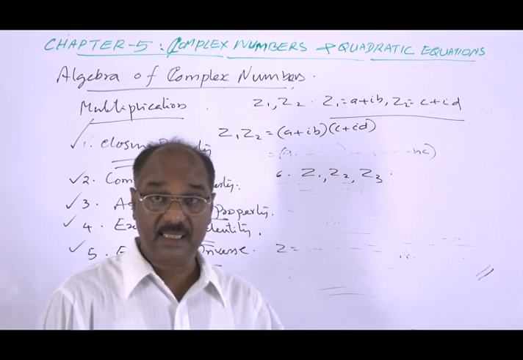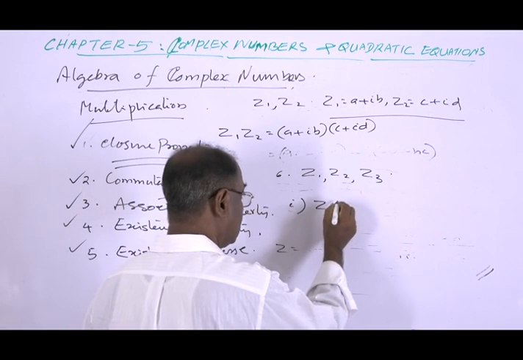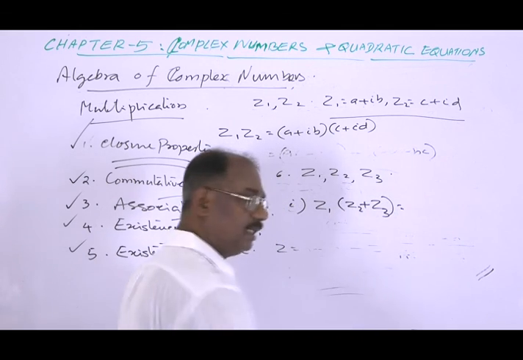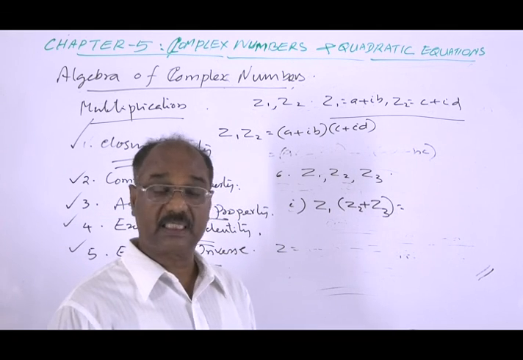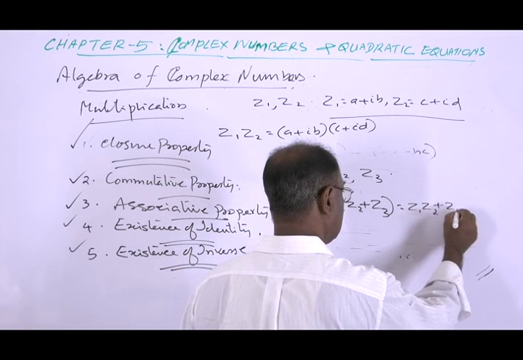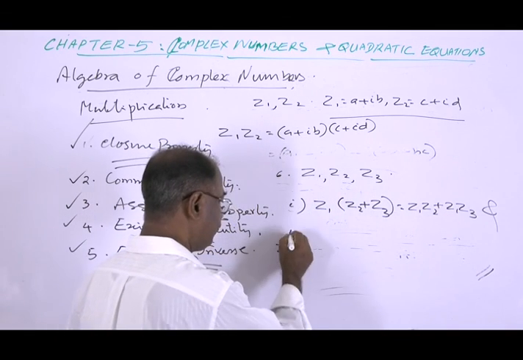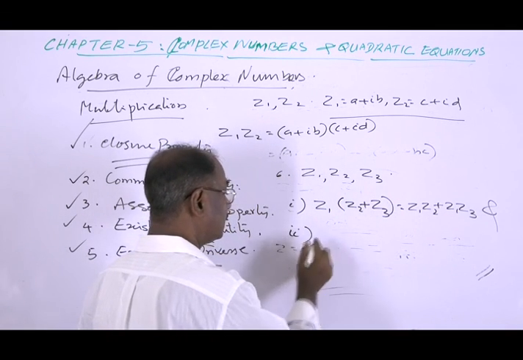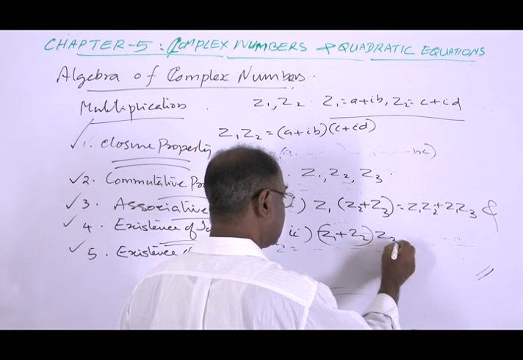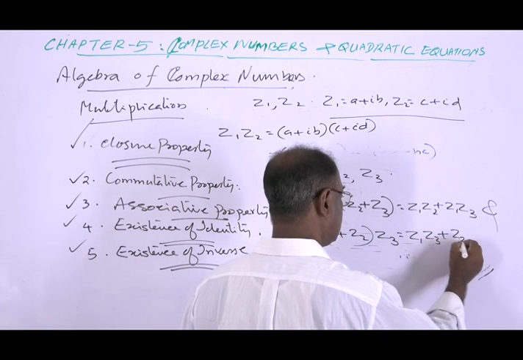Then it can easily be verified that, one, Z1 into (Z2 plus Z3) equals Z1 Z2 plus Z1 Z3, and two, (Z1 plus Z2) into Z3 is equal to Z1 Z3 plus Z2 Z3.